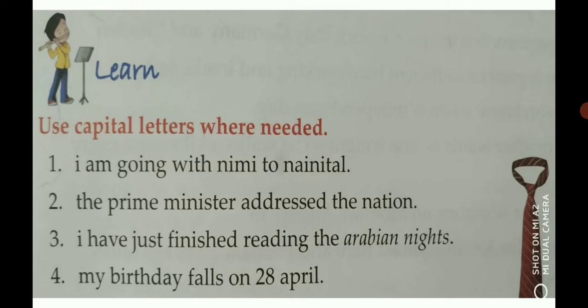Then what are the other nouns? Nimi and Nainital are both proper nouns, and we already learnt that all proper nouns begin with a capital letter. So here we have three changes: first is I, then Nimi, and then Nainital.